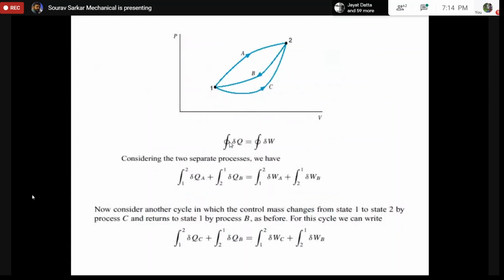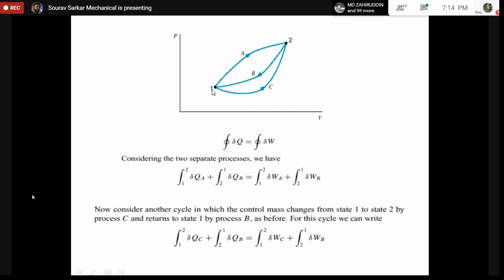So, if I try to explain it through a diagram, consider this is a cyclic process. You are at the point 1 and this is the point 2.